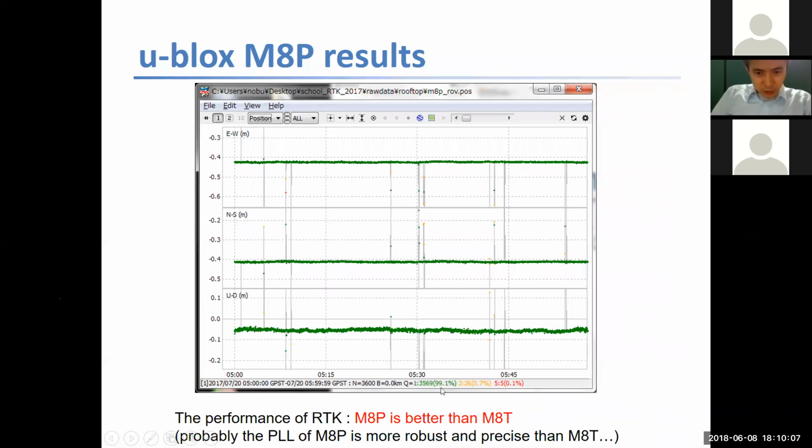The fixed rate is 99.1% over 1 hour with 3,569 results. There are maybe 7 results that are long fixes, and the others are just no fixed solutions. The green color shows the fixed solutions.